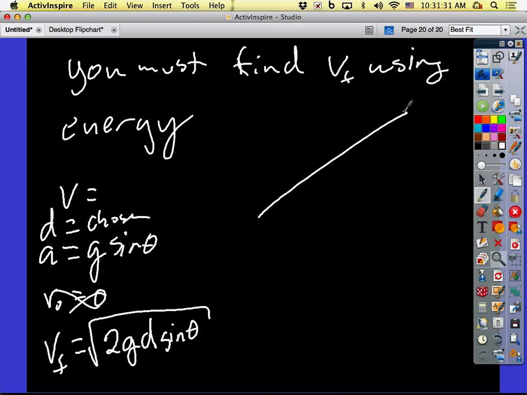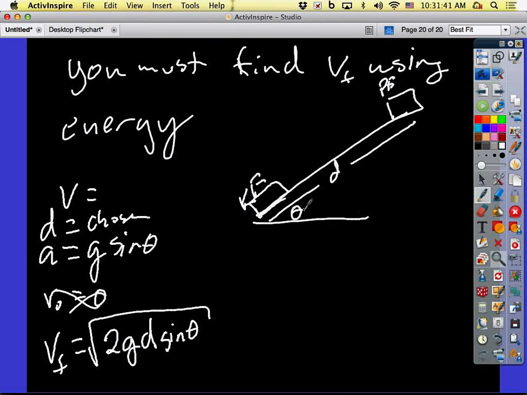Now, let's do this together. If this is PE, and down here is KE, this distance is D, that's theta, please set up that calculation. And remember, whenever we do these energy equations, you say MEI equals MEF: the mechanical energy initial equals the mechanical energy final.